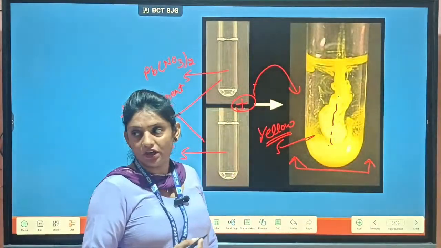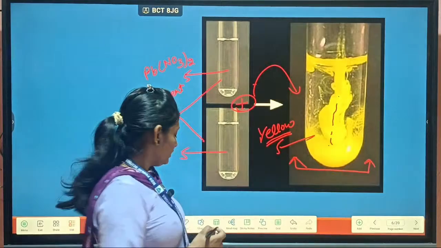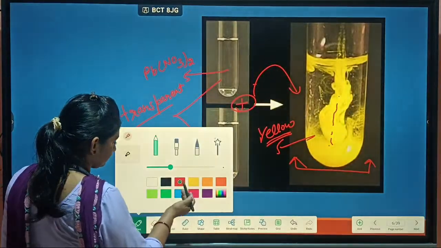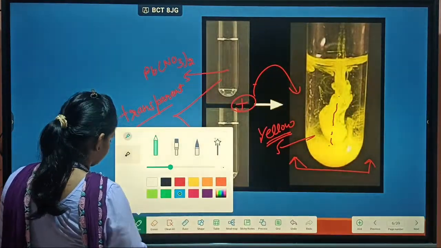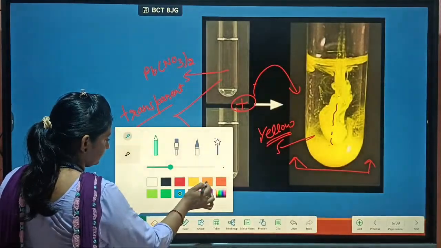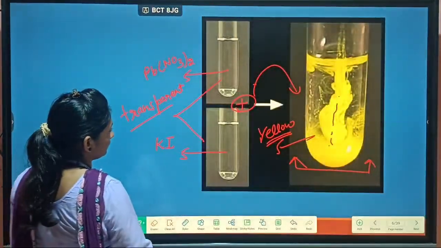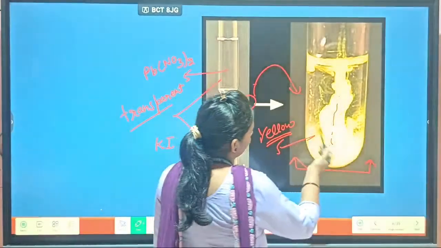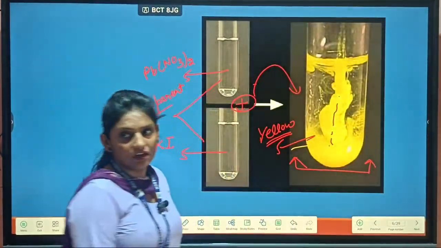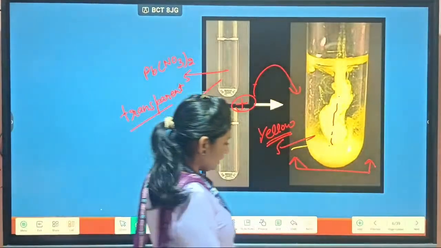Color can also be changed during a chemical reaction.